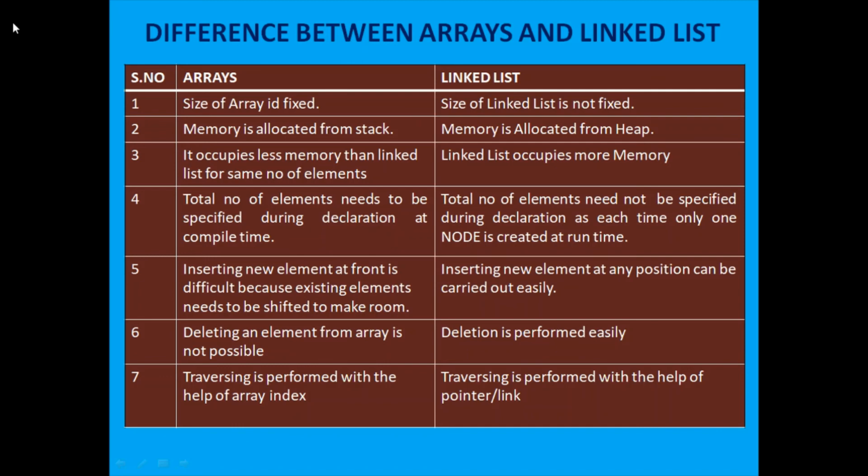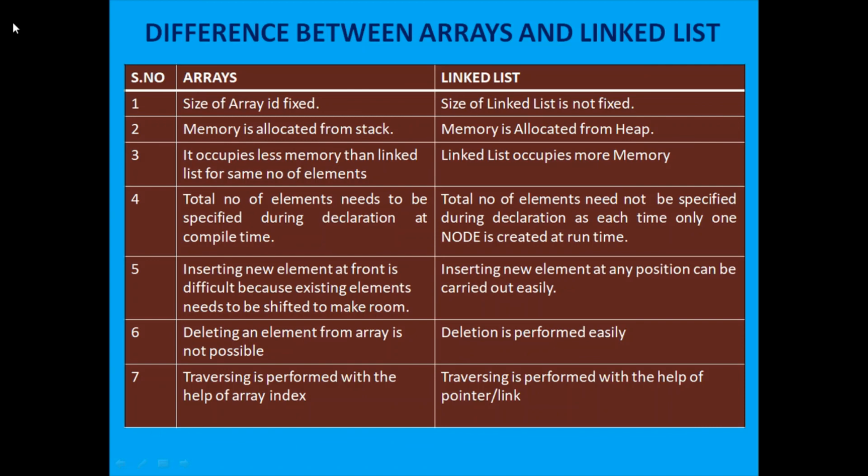Further, in case of arrays, traversing is performed with the help of array index. Arrays have index from 0, 1, 2, 3, 4, and so on. So to traverse from one element to another element, we have to increase the index value within a loop.